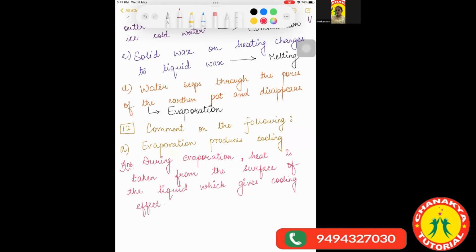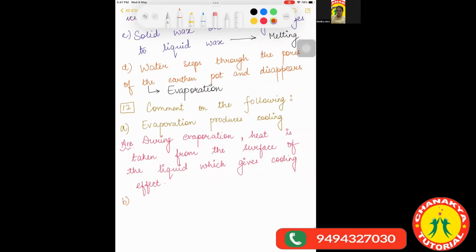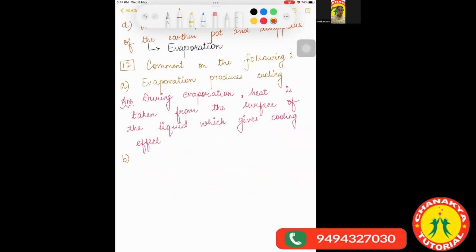Next part of the same question. You have to comment again. Rate of evaporation of an aqueous solution decreases with increase in humidity.